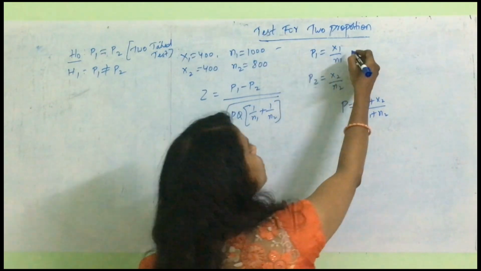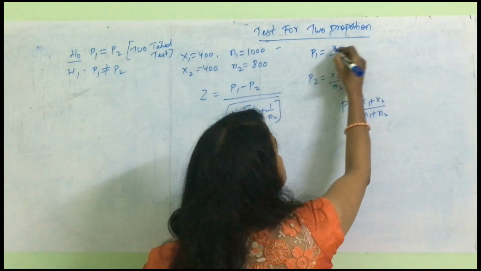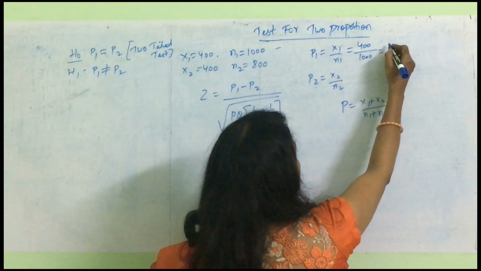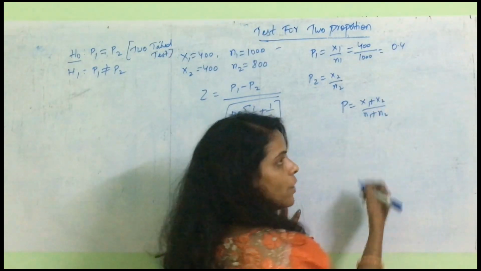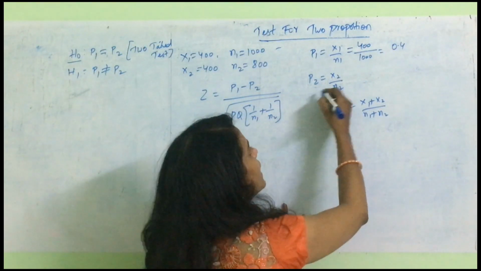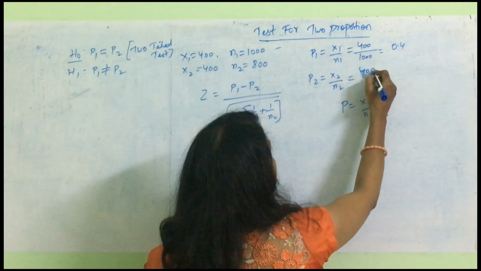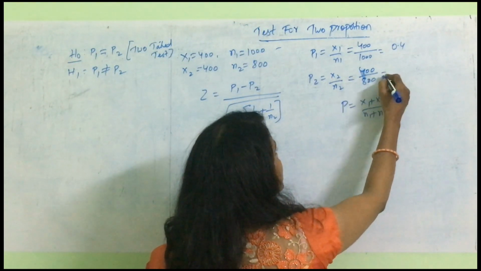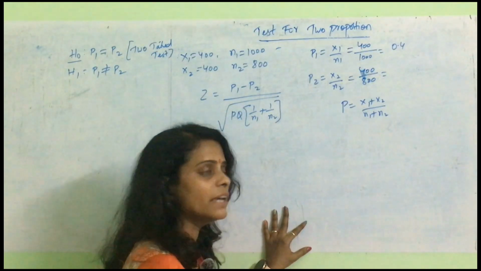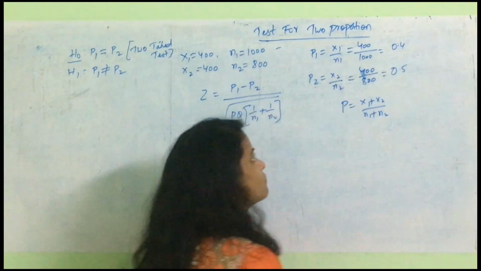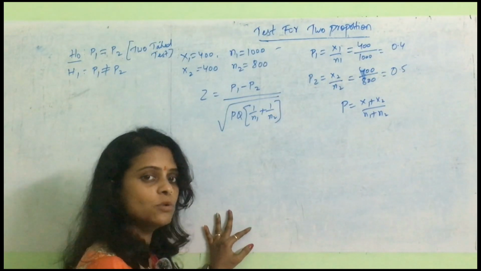So first find out what is P1. P1 is x1, 400, by n1, 1000. So 400 by 1000 is 0.4. Then x2, sorry, P2 is x2, 400, by n2, 800. So 400 by 800 is 0.5. So we have the P2 value also.